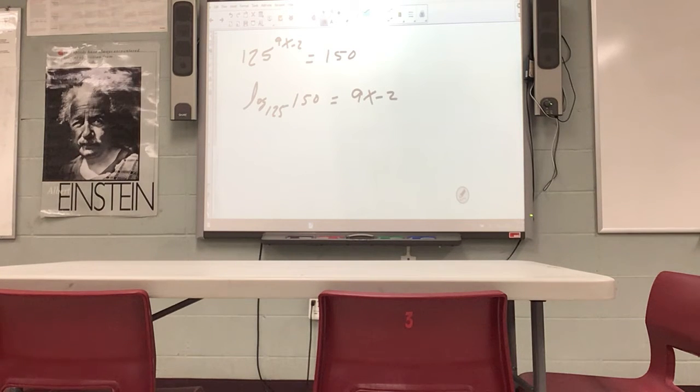So log base 125 of 150 on your calculator, close to 1.04 maybe. Now we just got a two-step equation to solve. Add 2, and then divide by 9. C, is that right? 0.3375?